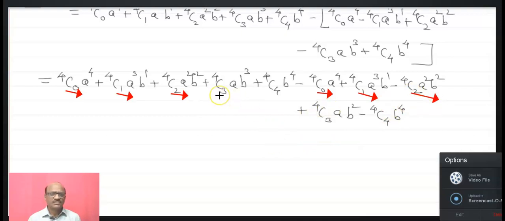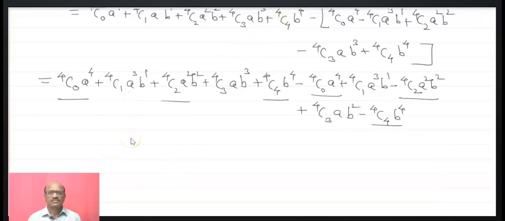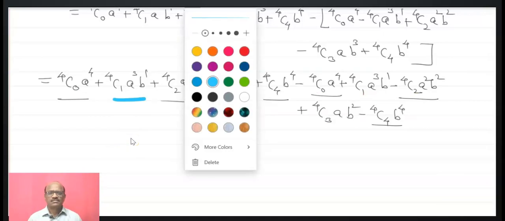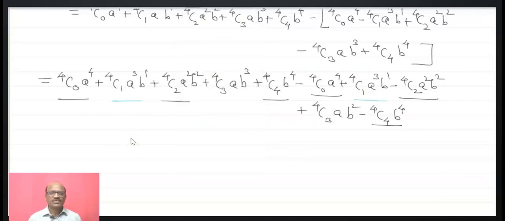And what about this? 4C3 has a plus sign and these two terms will get added. And what about the next? It has a plus sign and here the minus sign, and that will get cancelled. Now see this again here. Also I had written here that it is 2 times 4C1.